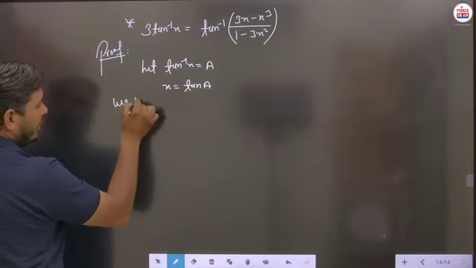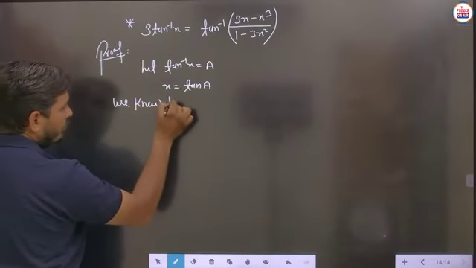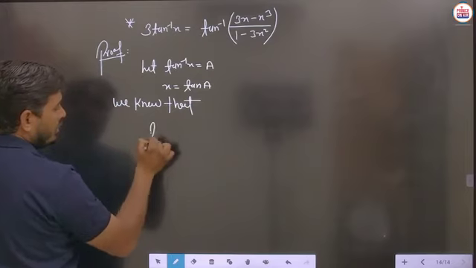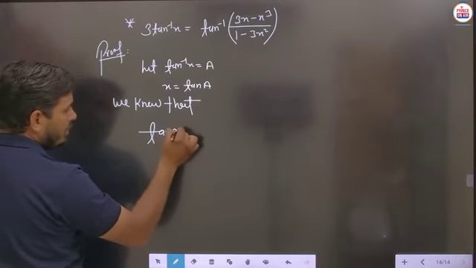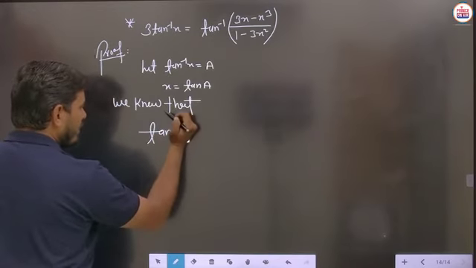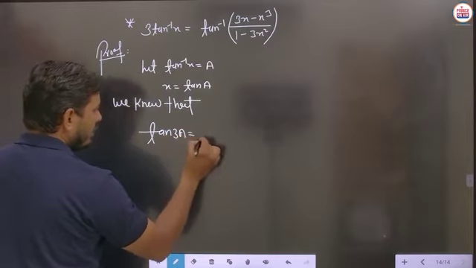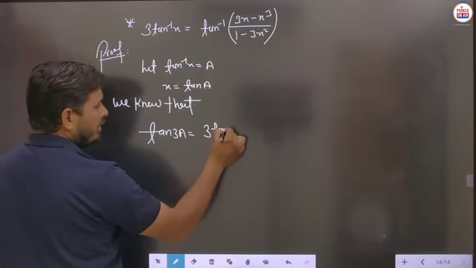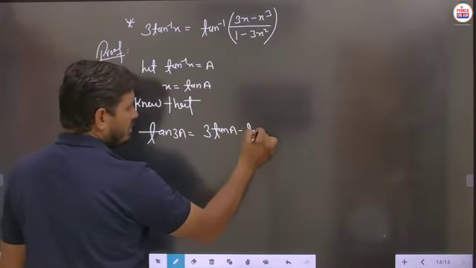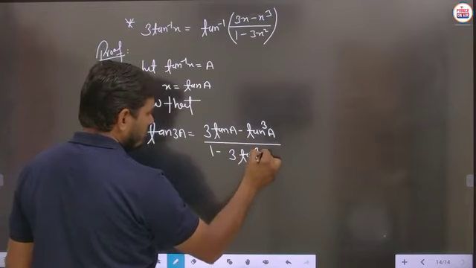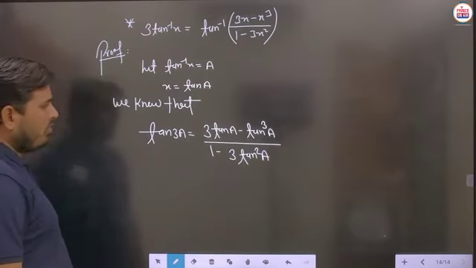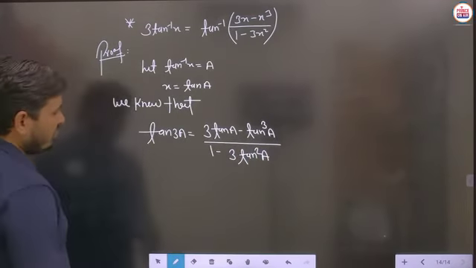Now we know that tan 3 theta, or you can write here a, then tan 3a should be written as 3 tan a minus tan cube a divided by 1 minus 3 tan square a. So we have to know this formula first of all. After that you can just do the calculation.